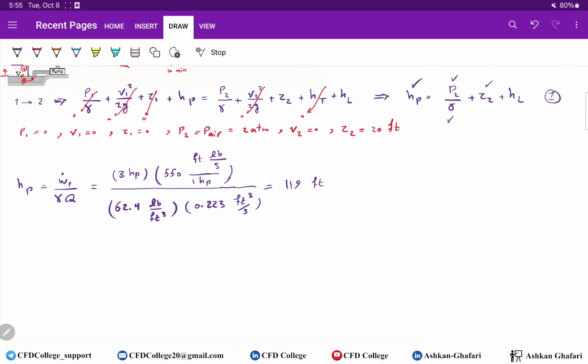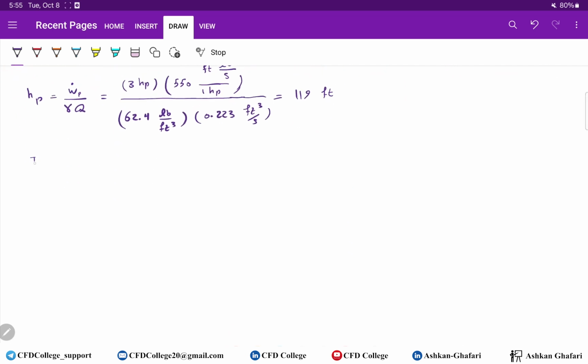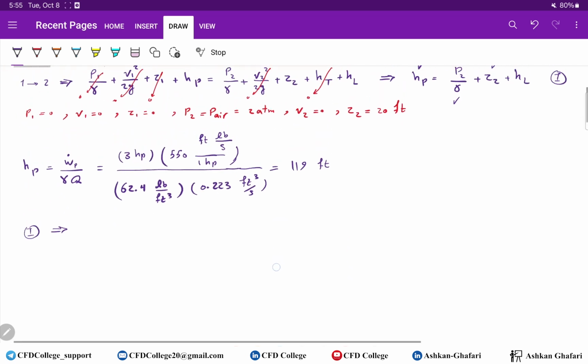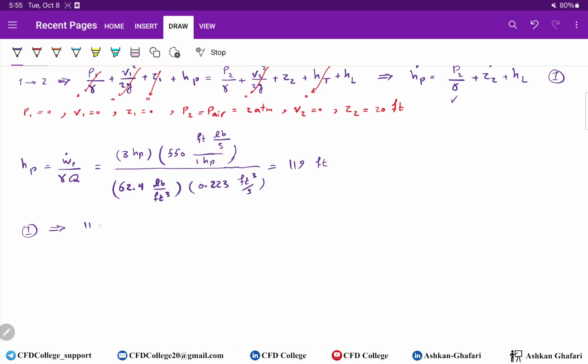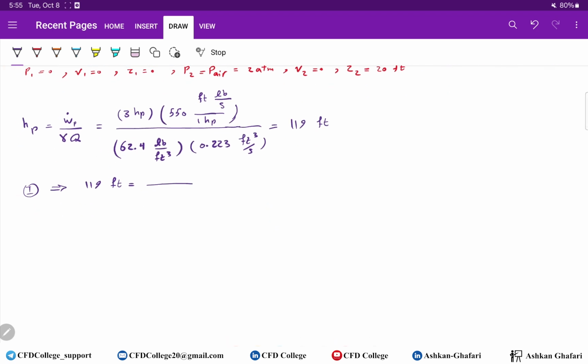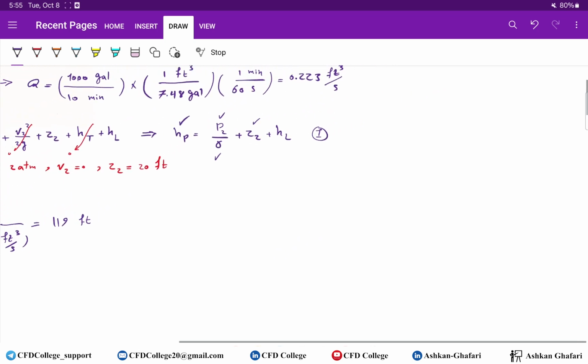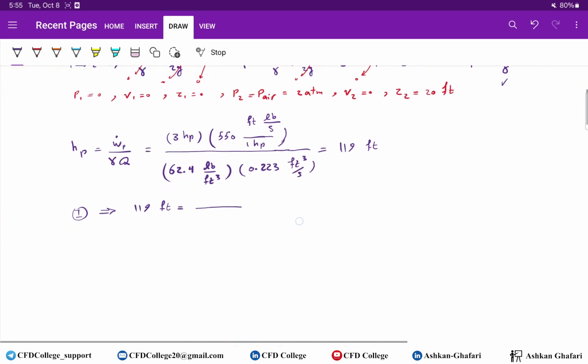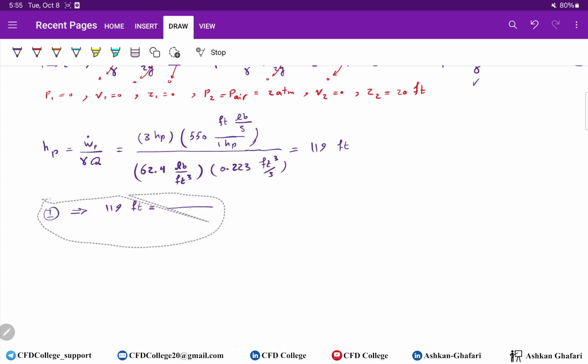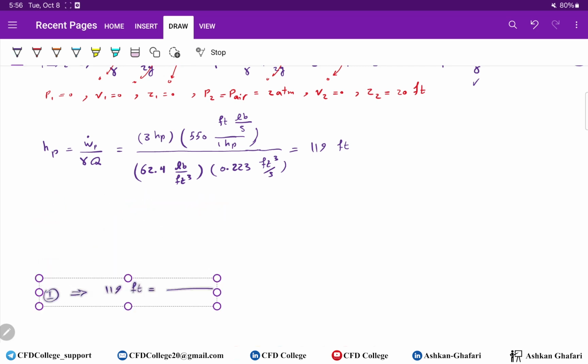So from equation 1, we can find out that 119 feet equals P2, which is 2 atmosphere, and we need to convert it to pound per feet square. So P2 equals 2 atm.